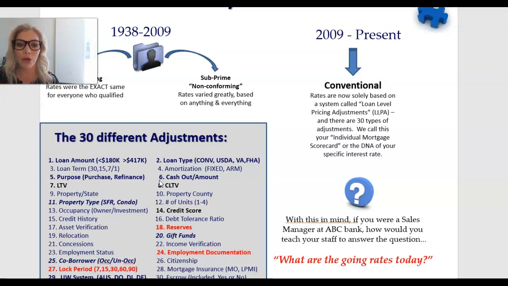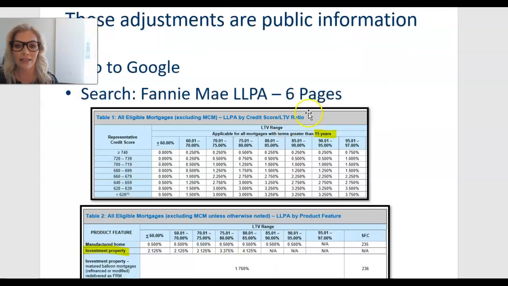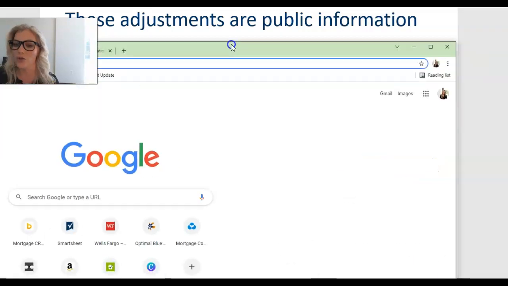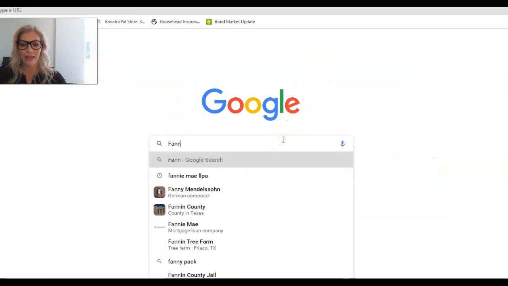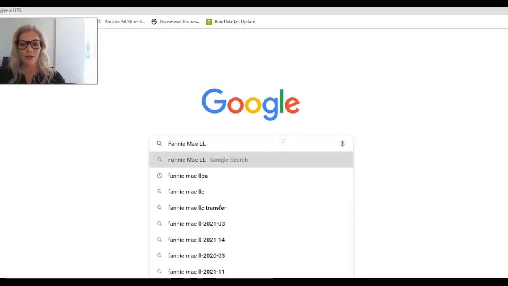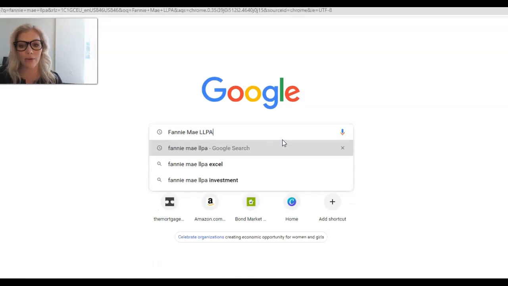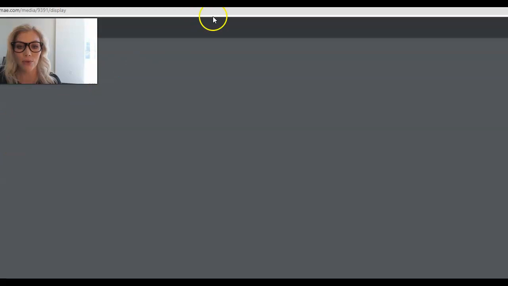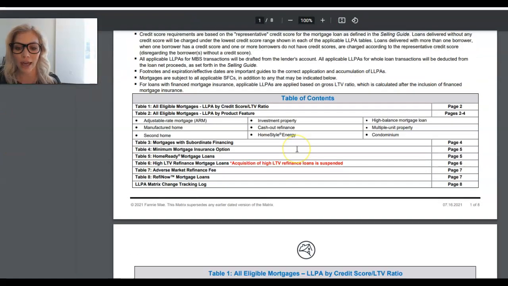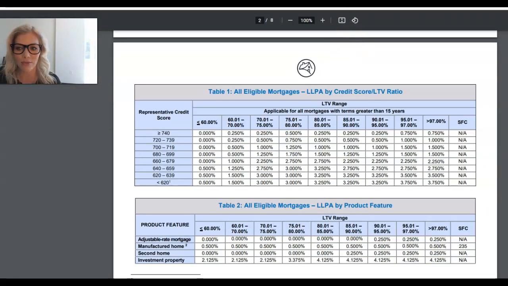Now, what many people don't know is that a lot of this stuff is public information, like these adjustments. If you go online to Google and type in Fannie Mae LLPA, which stands for Loan Level Pricing Adjustment, you're going to see it pulled up here, where you can actually view this yourself and look at what the adjustments are.